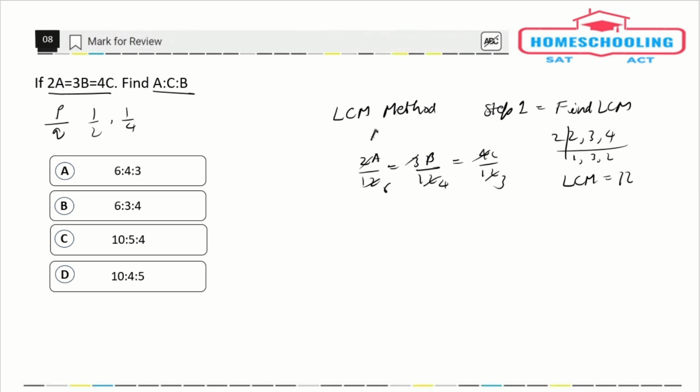So the ratio of A is to B is to C would be 6 is to 4 is to 3. So this is the ratio.